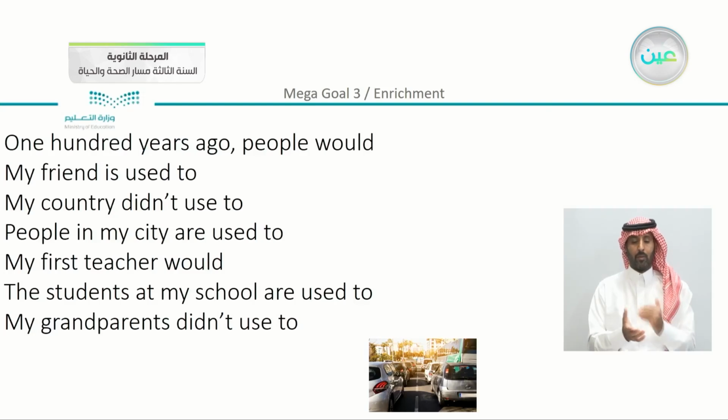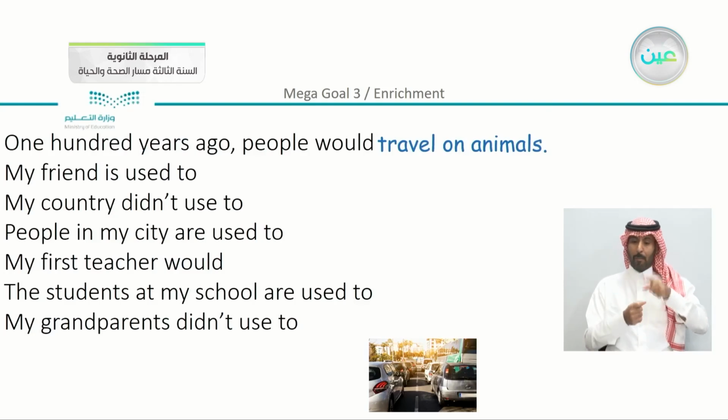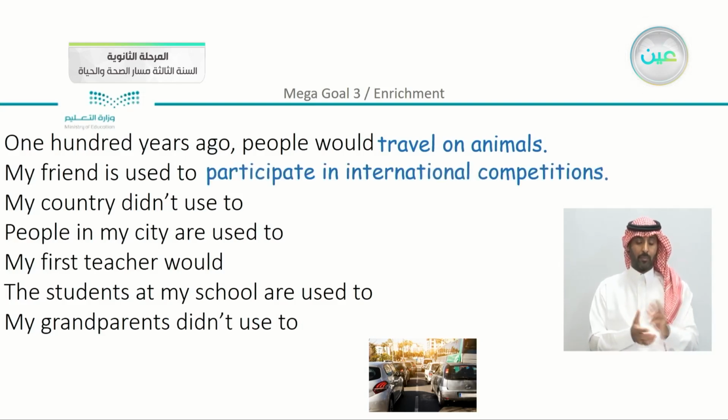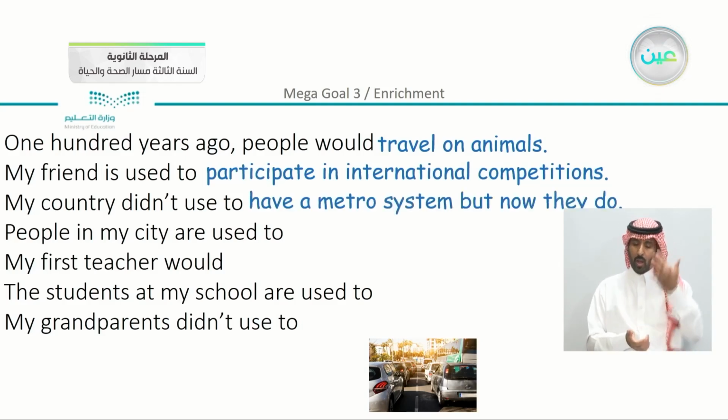Moving on, we have here, yes, 100 years ago, people would travel on animals. Let's just complete together. We have here, my friend is used to. You can just choose any type of sentence. We can say, for example, participate in international competitions. My country didn't used to, a free answer, have a metro system, but now they do.